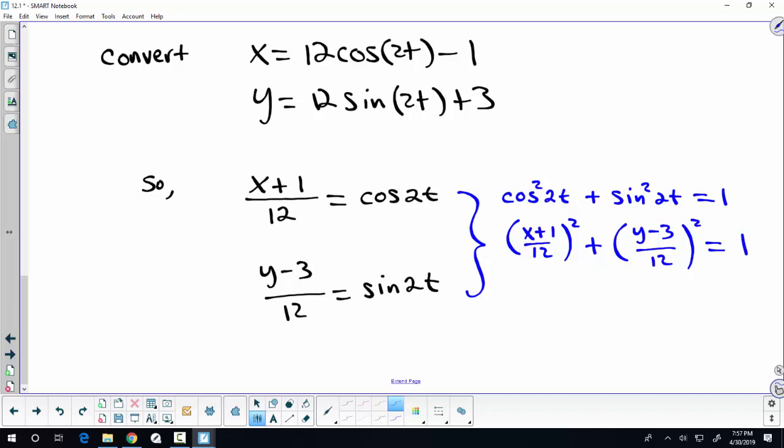Well, that's 1, 1 over 12 squared. Yeah, 1 over 12 squared. So we've got x plus 1 squared plus y minus 3 squared. We're going to multiply through by 12 squared to get rid of the 1 over 12 squared.